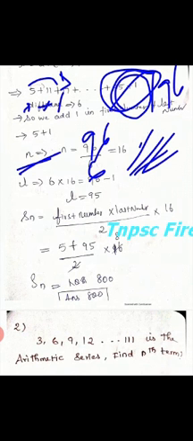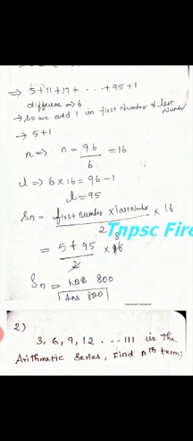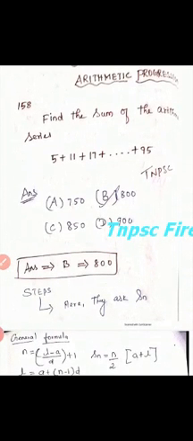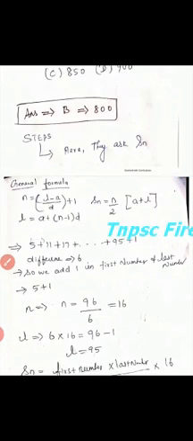If they ask for the sum of the series, here in the question it says find the sum of the arithmetic series, so we have to find Sn. Here the difference is 6, so we add 1 in the first number and last number. Here n we found is 16.